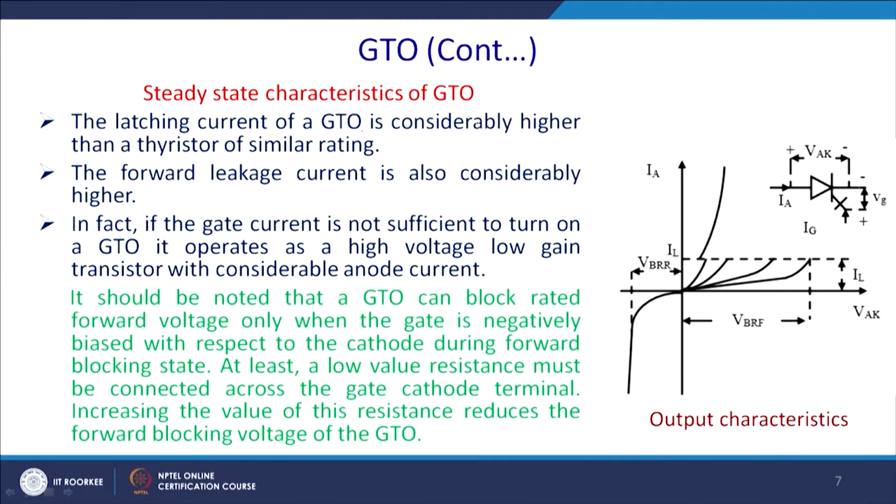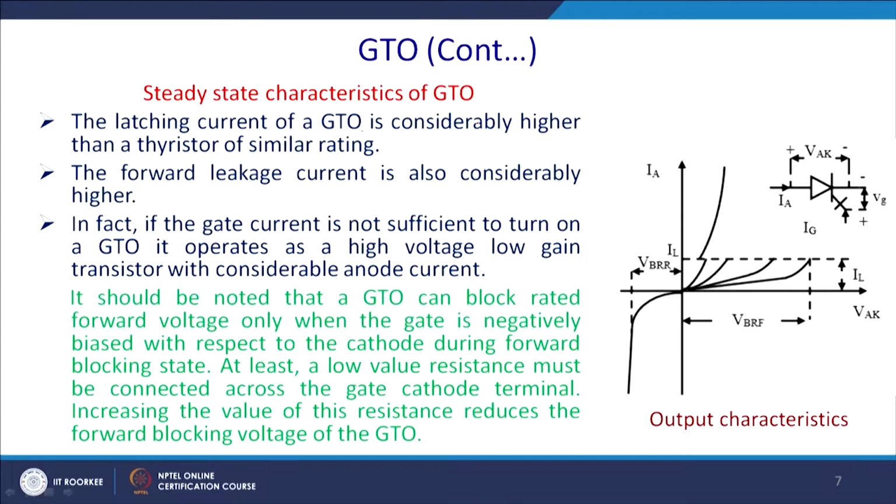So, the steady state operation of the GTO is almost the same as for the thyristor. The latching current of the GTO is considerably higher than that of a thyristor of similar rating. Due to this structure, you require to take this value a little larger, and only then can you put up the gate. The forward leakage current is also considerably higher, so you require to take out the trapped charges from that region.